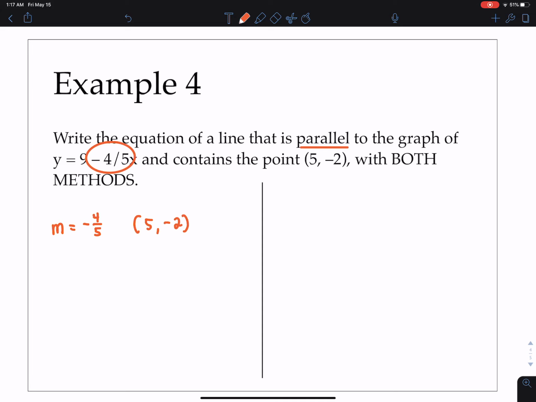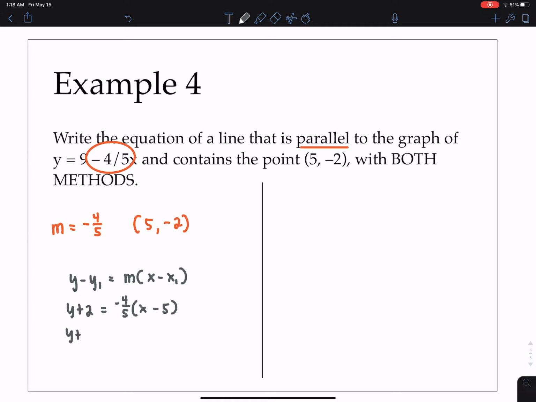And in this case, we've done both methods enough, I think, on this. So pick whichever one you use and stick with it. We'll do point slope form since it's the first that we learned. And we have y minus -2, which is y plus 2, equals negative 4/5 of x, and then minus 5.